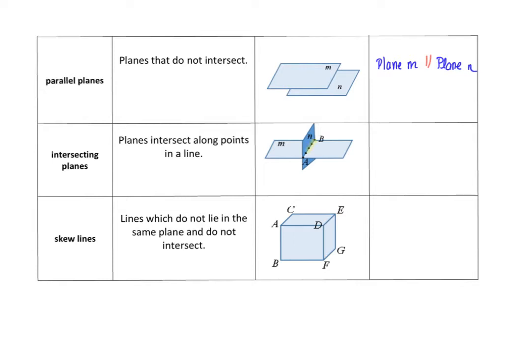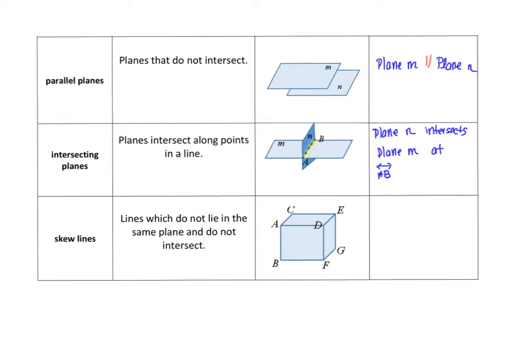There's a line right here labeled with points A and B. So we can say that plane N intersects plane M at line AB. I'm just going to use my notation. So line AB.